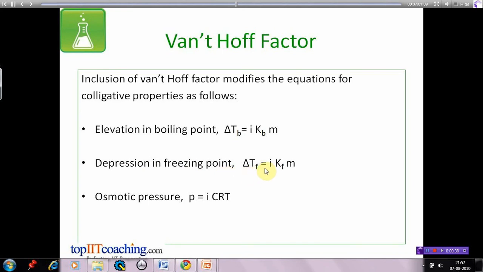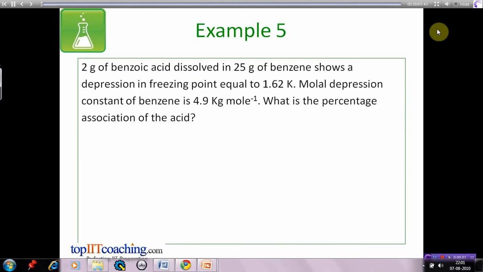The second is depression in freezing point, denoted by delta Tf, which is now equal to i into Kf into small m, where i is the Van 't Hoff factor, Kf is the molar depression constant, and small m is the molality of the solution. The next is the osmotic pressure, denoted by small p, which is now equal to i into CRT, where i is the Van 't Hoff factor, C is the strength of the solution, R is the universal gas constant, and T is the temperature on Kelvin scale.